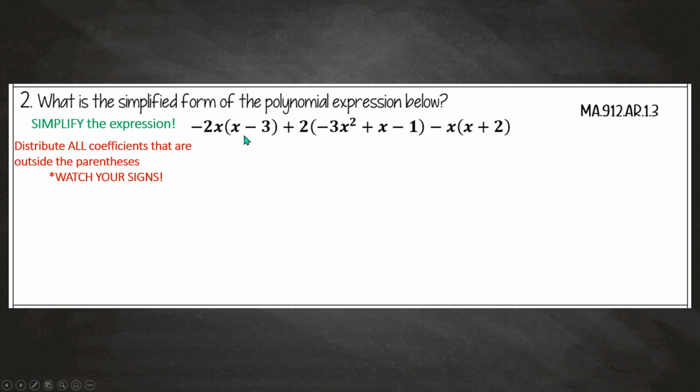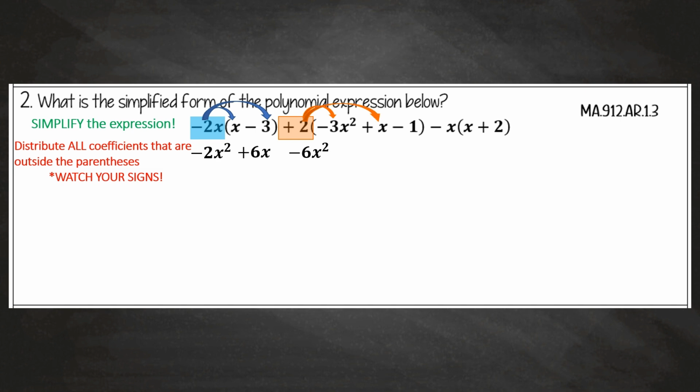So negative 2x times x is going to be negative 2x squared. Negative 2x times a negative 3 is a positive 6x. Then we're going to have our positive 2 multiplied by a negative 3x squared, so we're going to get a negative 6x squared.